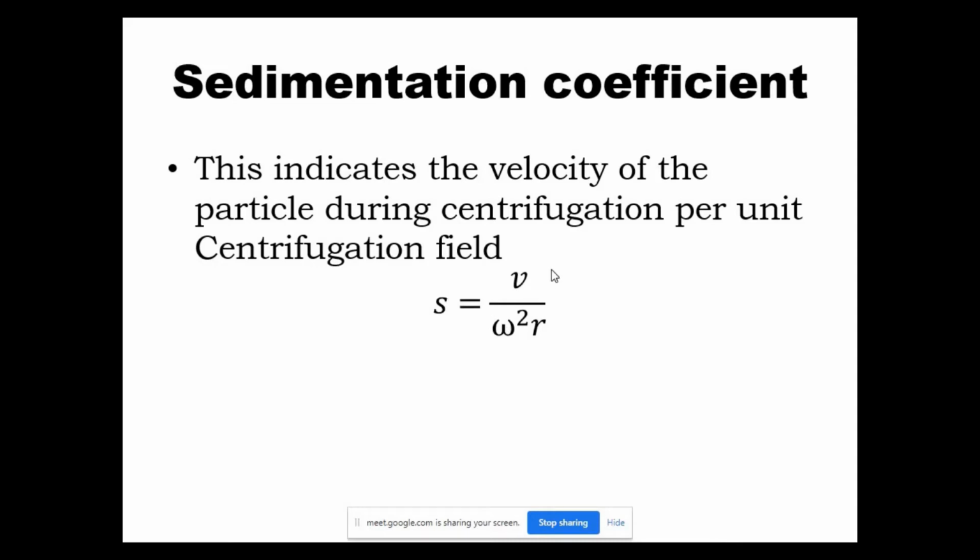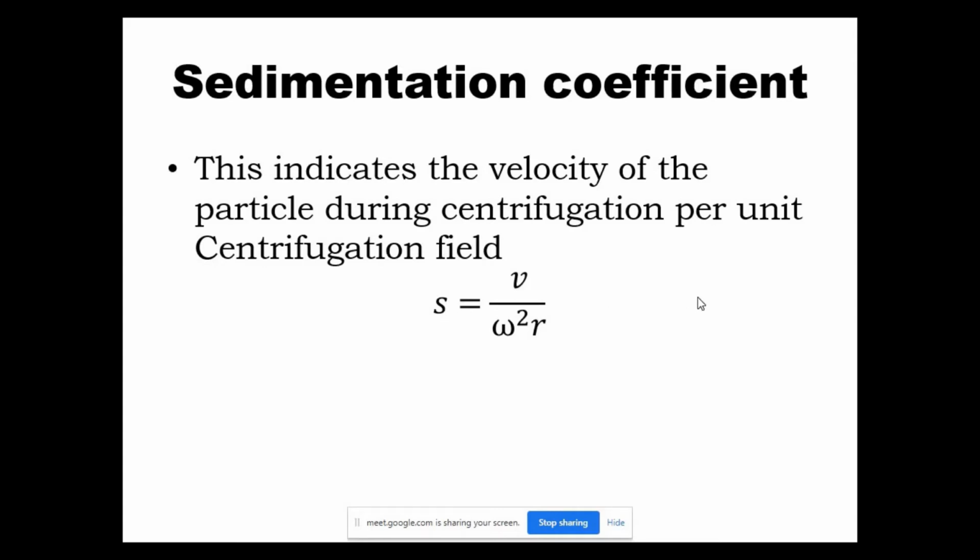This number is what we call the sedimentation coefficient. Here is the formula: velocity divided by omega square r. When you measure the velocity of the particular analyte and put it in this formula, it gives you a number. That is what is called Svedberg's constant.